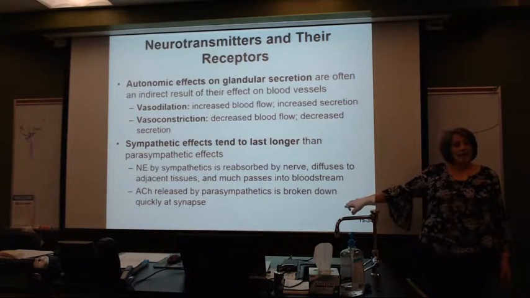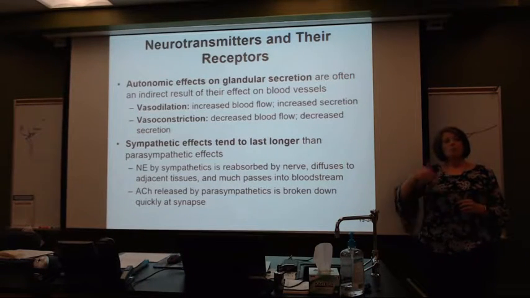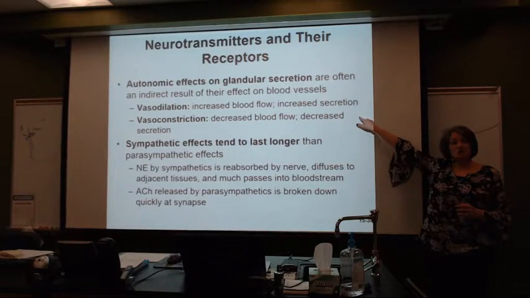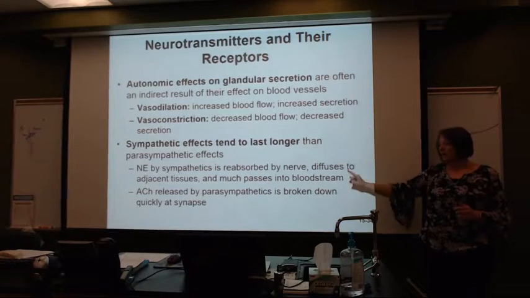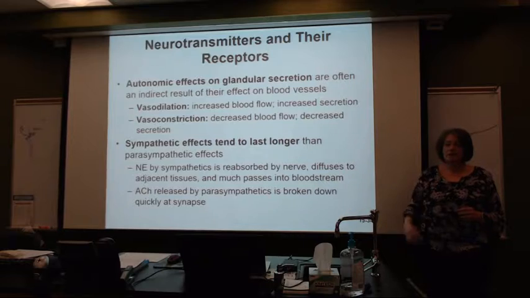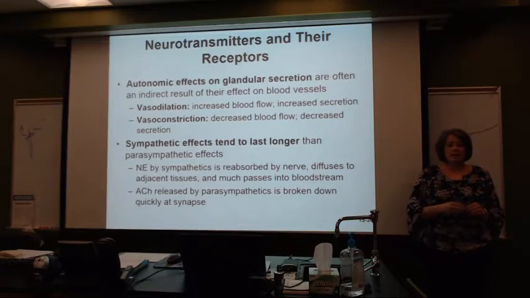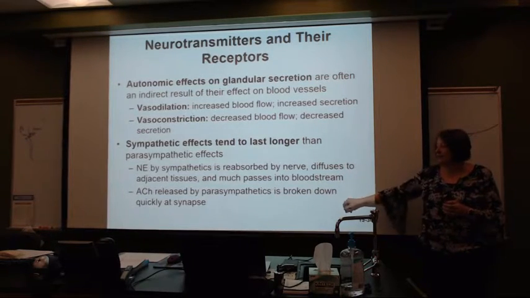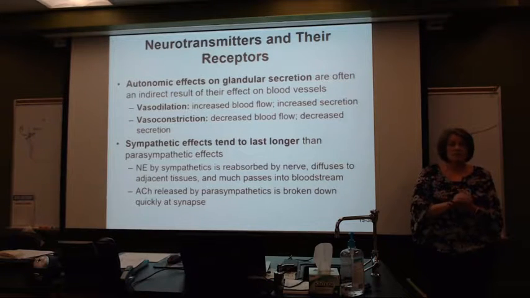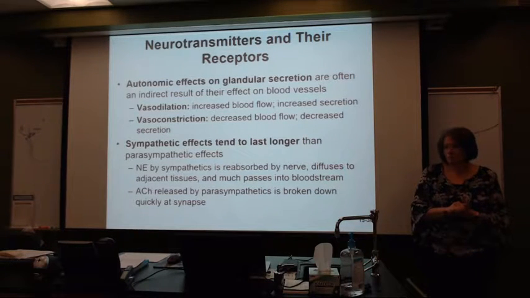If a product that gets secreted can be broken down right at the area of the synapse, the effect is much shorter.